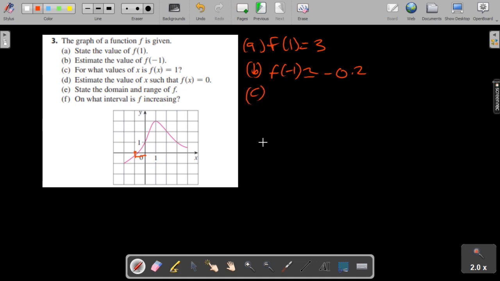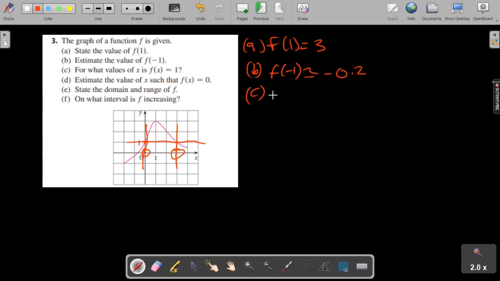Right, then C, for what values of x is f of x equals 1? In other words, for which x values do we have a y equal to 1? So we're going to come to 1, which is over there, and we're going to see which x values correspond to this. So the first x value is 0, then the other one is over there, and that is 3.